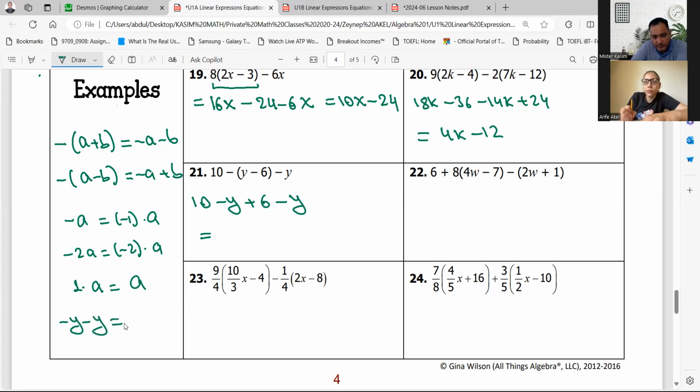Negative 2. Negative 2, yes. Negative 2y, right? So it is negative 2y. And what is 10 plus 6? 16. Right? Yes. So now try 22.